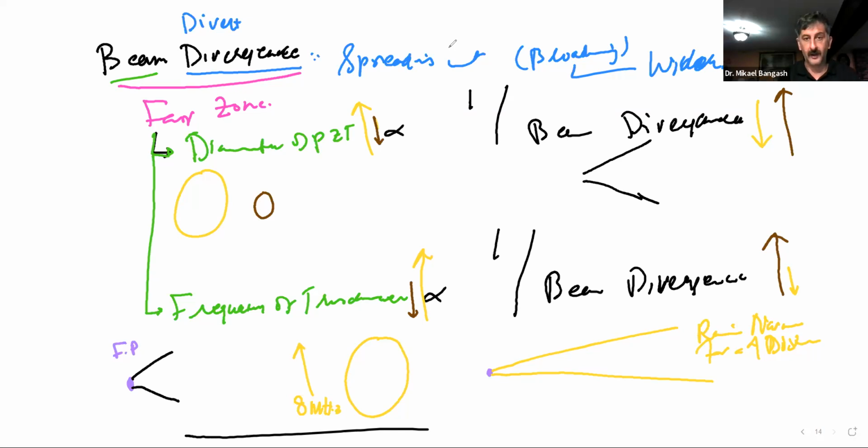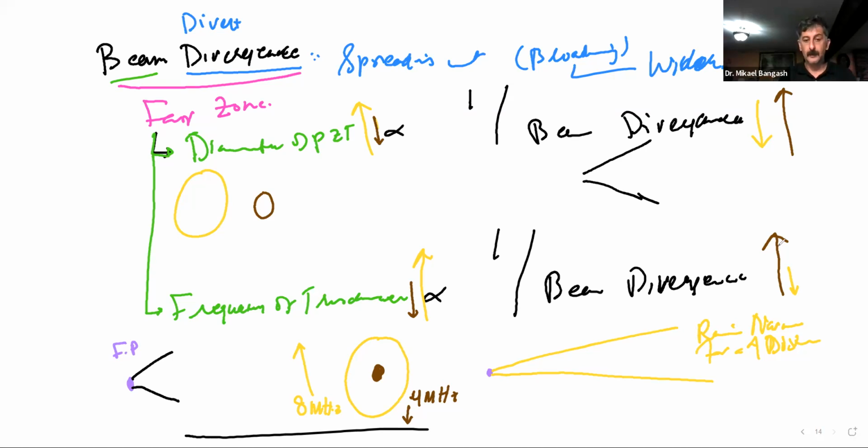Whereas if we had a small PCT, and or a low frequency, let's just say a frequency of 4 megahertz, either of these, the small size PCT or the lower frequency, or both, will lead to increased divergence of the beam.